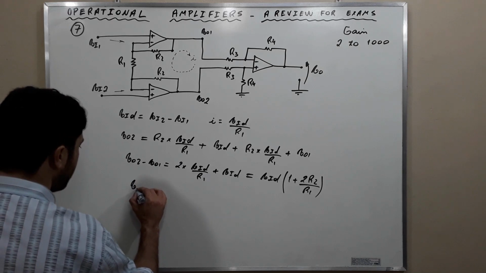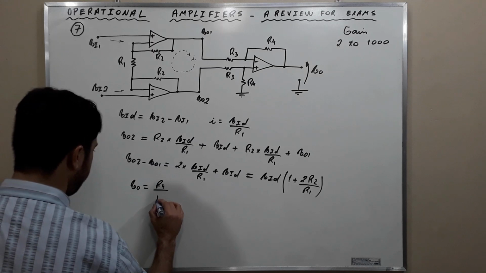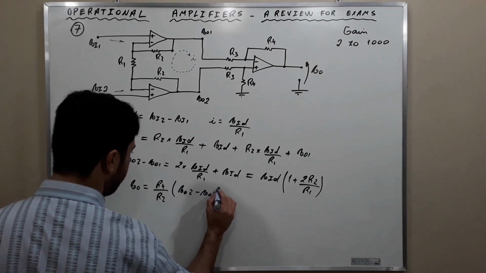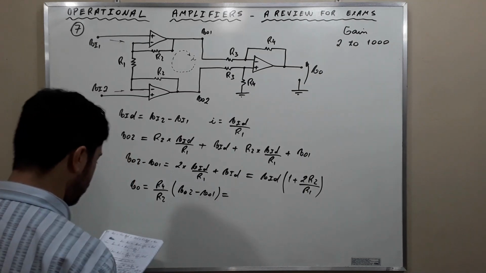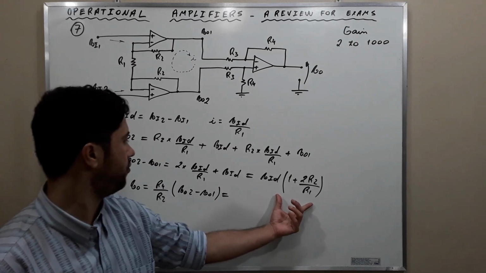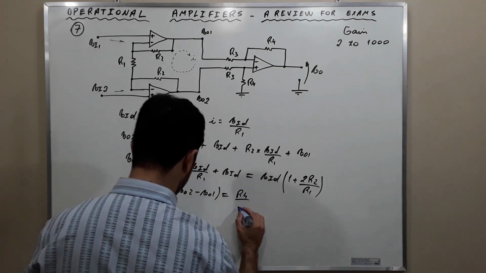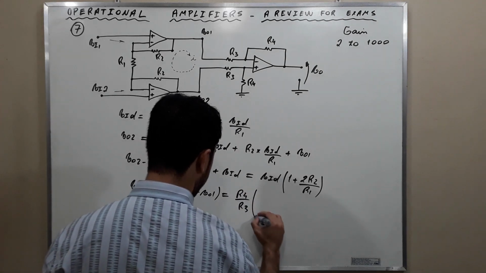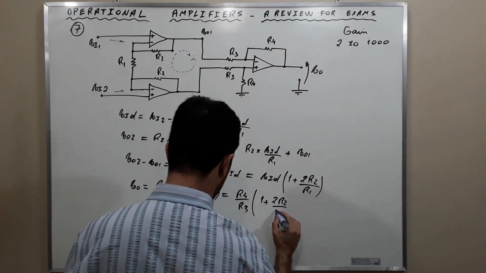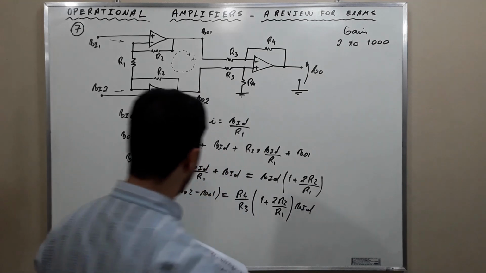Then VO will be equal to R4 over R3 times the difference VO2 minus VO1, which is equal to, we simply put this here, and it is R4 over R3, 1 plus 2R2 divided by R1 times VID. Okay?